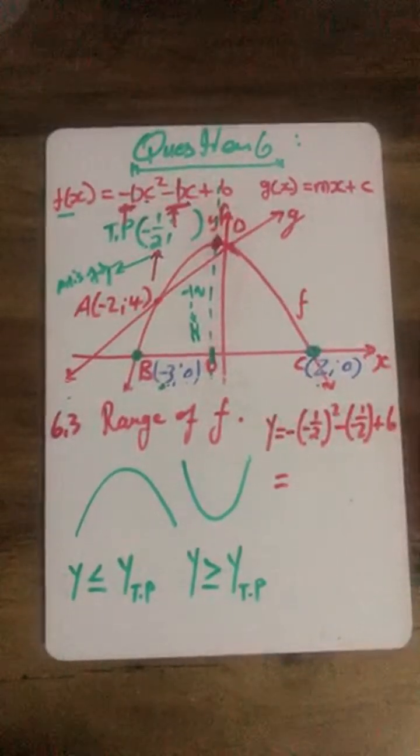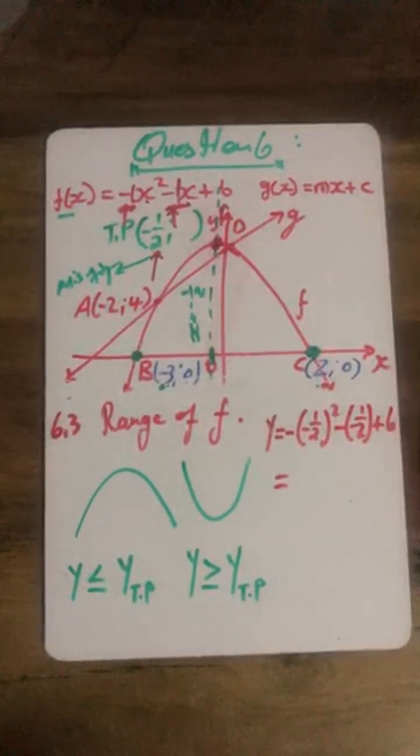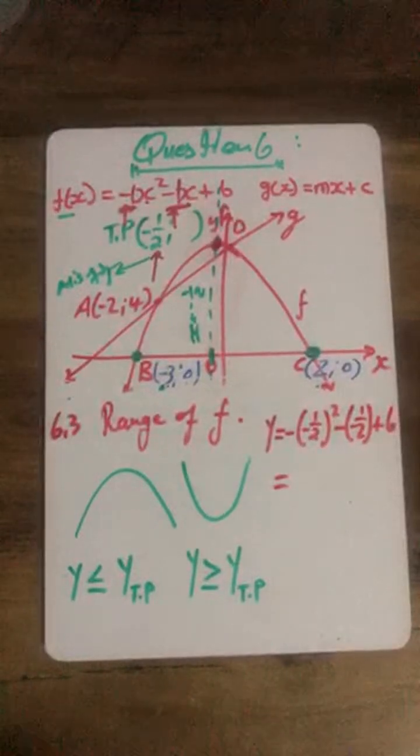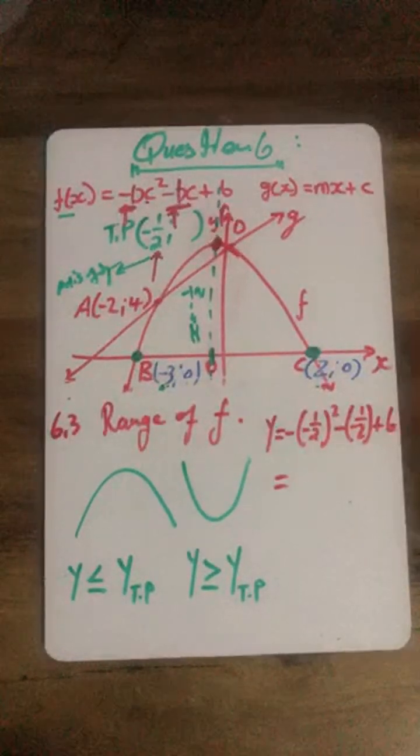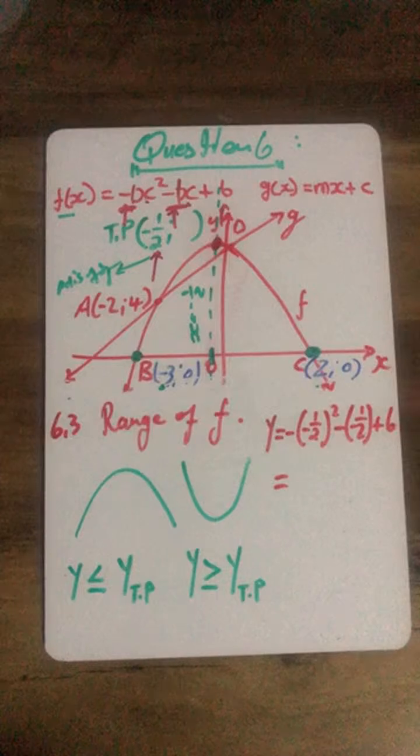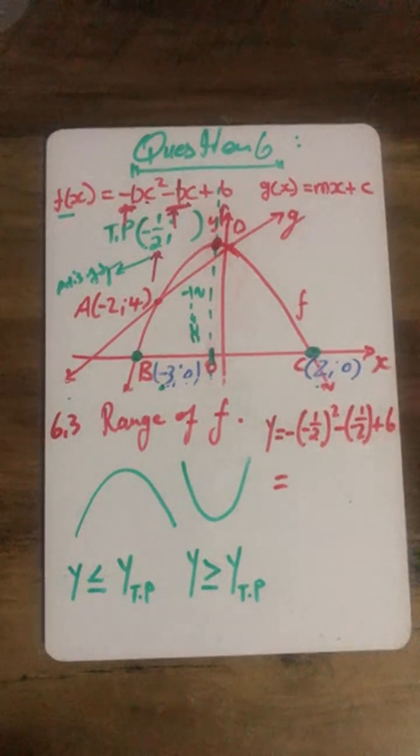Let's see. Inside the bracket, you have negative half.